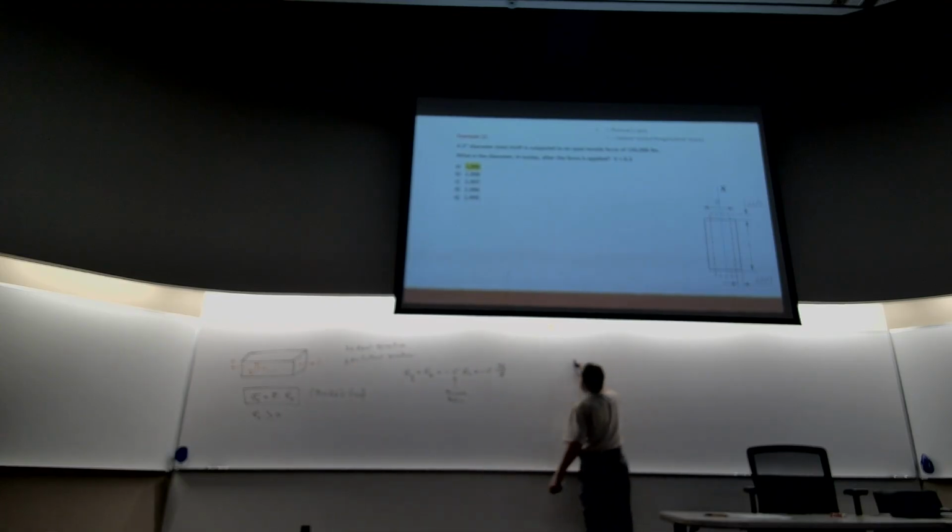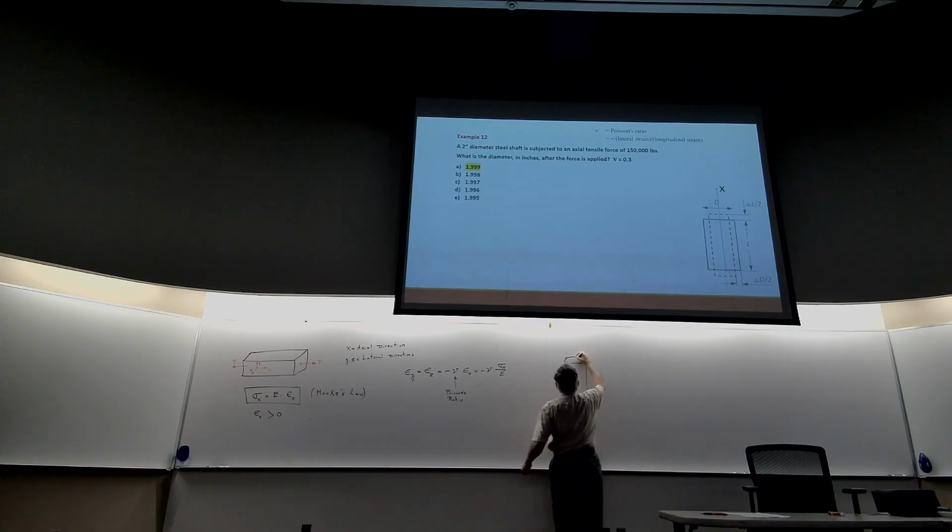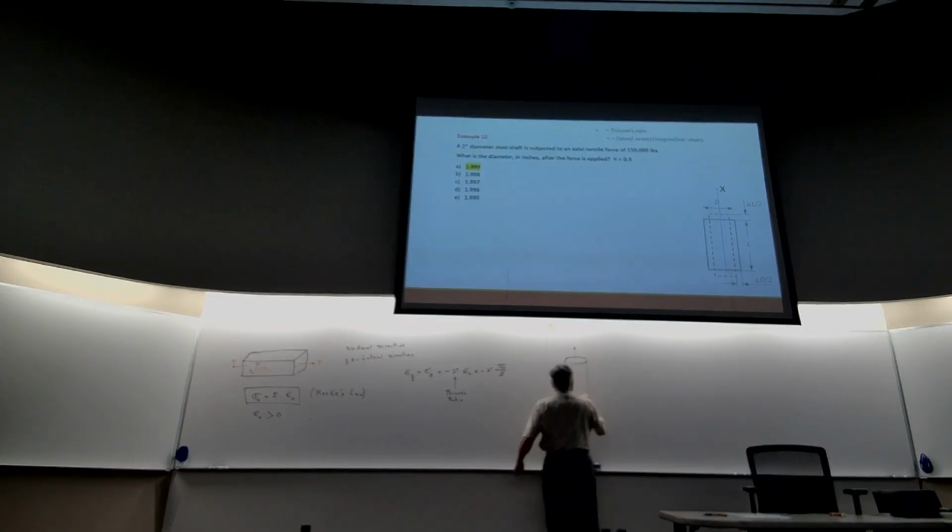It says that we have a cylindrical rod like this, and we are applying an axial force of 150,000 pounds, vertically, causing tension in this material.